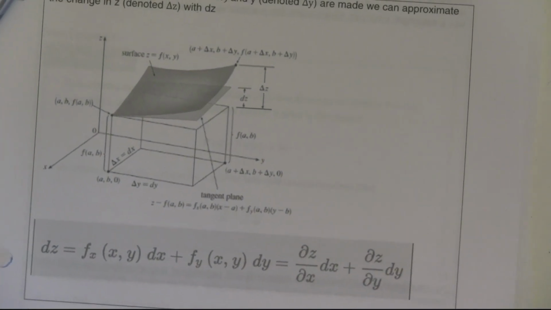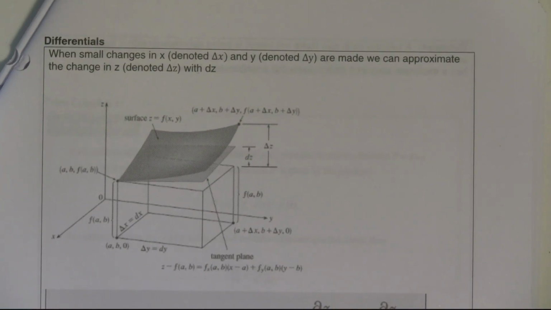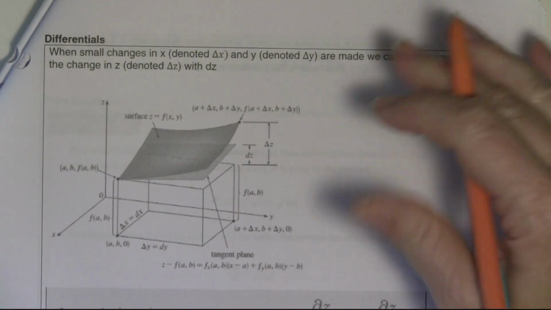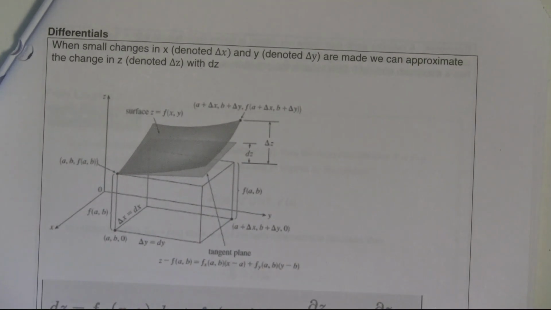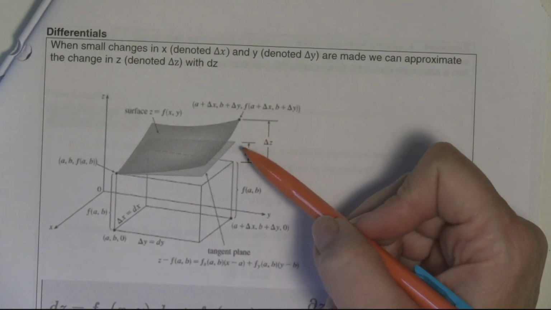Then the other thing, and they did this in 2 dimensions in the same section, they talked about differentials. What the differential gives you is an approximation, called dz, of the height change between 2 points.